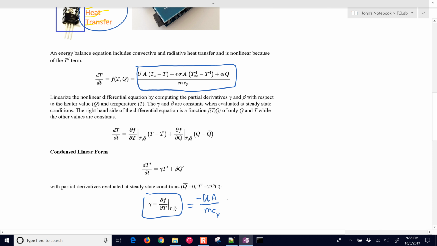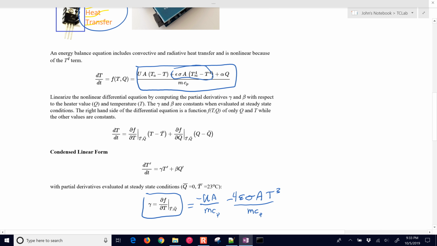And then on this term right here, when I take it with respect to temperature, that's going to be minus epsilon sigma A, and then I have a 4, and then that's going to be temperature to the third, and that will also be divided by MC sub p.